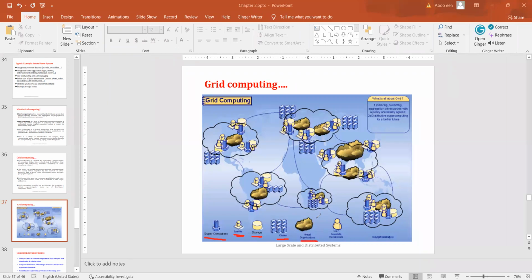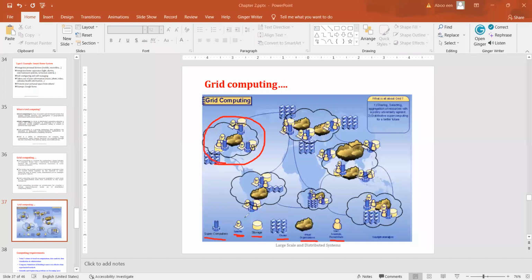Virtual organizations. This one? Users, researchers, or scientists. So these are the people who are going to access these computing systems. In each part of the world or continent, they have a distributed component.